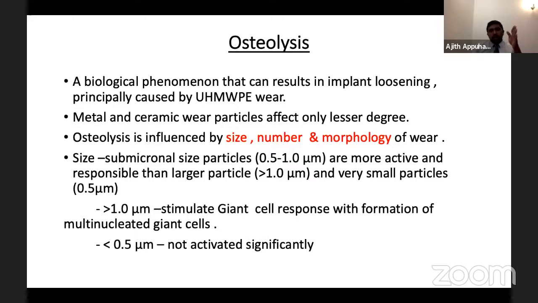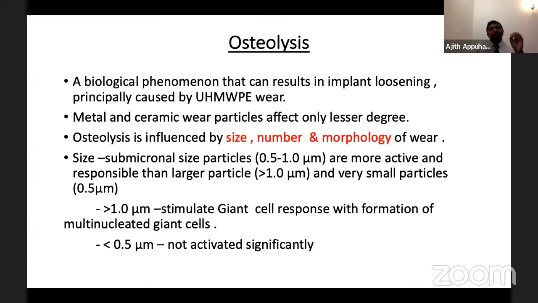Size: submicron size, between 0.5 to 1 micrometers, is more active and more liable to cause osteolysis than large particles. If it is more than 1 micrometer, even though they develop a giant cell response, a multinucleated giant cell reaction, it does not produce any osteolysis.